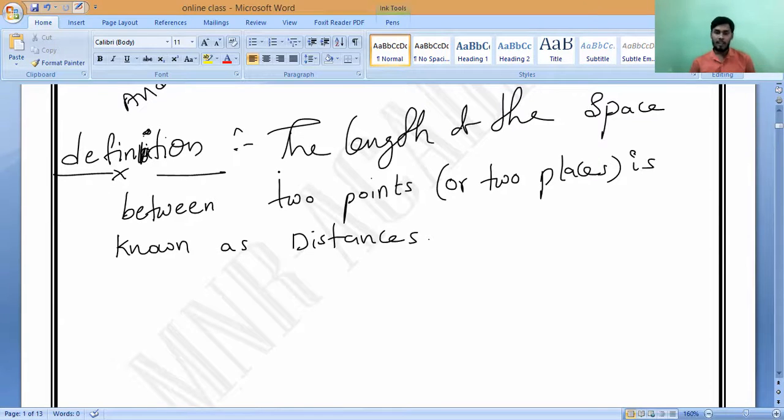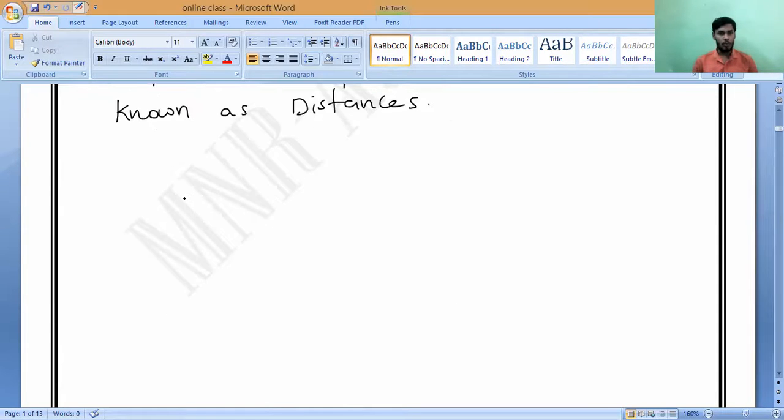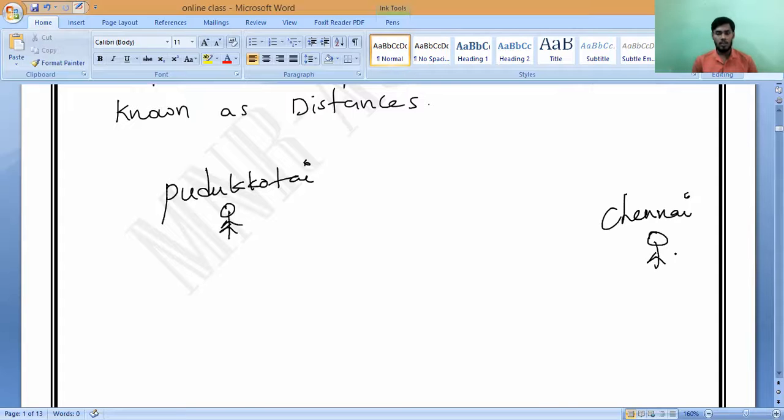So now, let us consider the meaning of this. The length of the space between 2 places. For example, we are living in Pudukkottai, and here you have a capital city called Chennai. What is the distance between them? What is the known distance for you? Please tell me. This is Pudukkottai and this is Chennai.